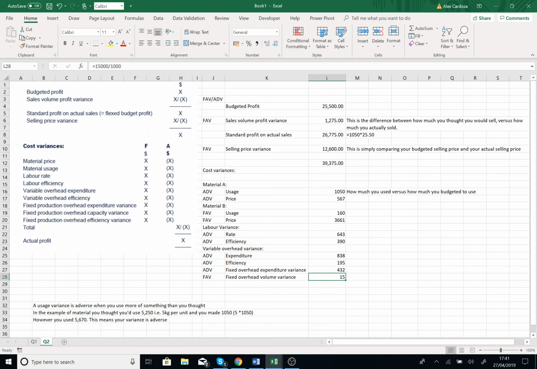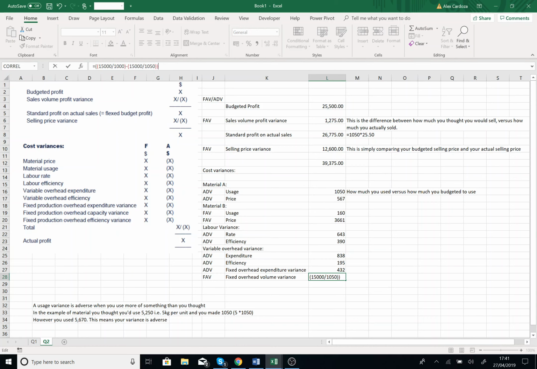So you thought that you would spend 15,000, you'd spread it over 1,000 units. You actually spread it over 1,050. So you take 15,000 divided by what you budgeted, minus 15,000 divided by how much you actually produced, and then you times that by how much you actually produced, and that will give you a variance.